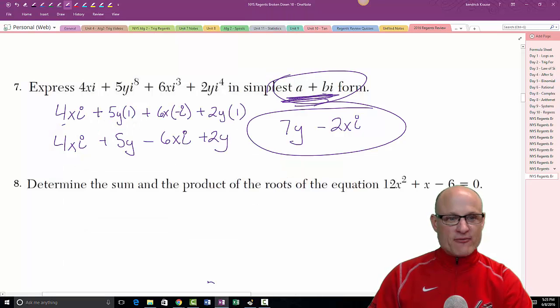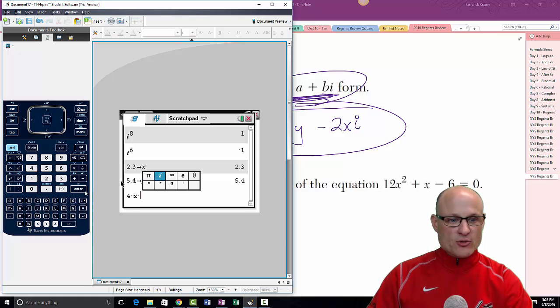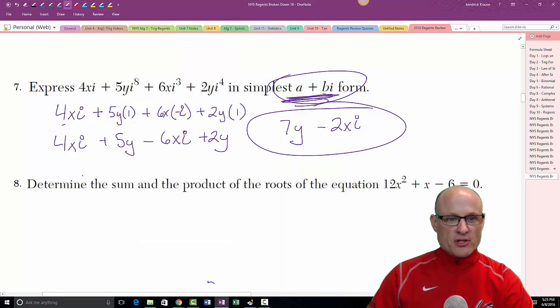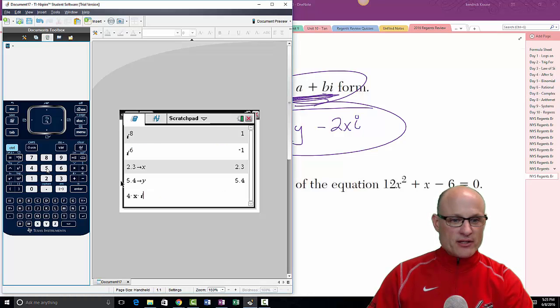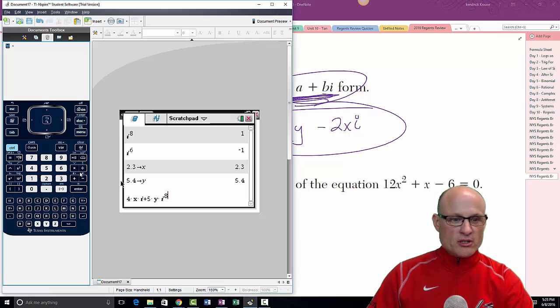And then I'm going to type in what I got. 4xi, 4 times x times i, plus 5 times y times i to the 8th. Plus 6x i cubed, plus 6 times x times, see how I'm in exponent mode?